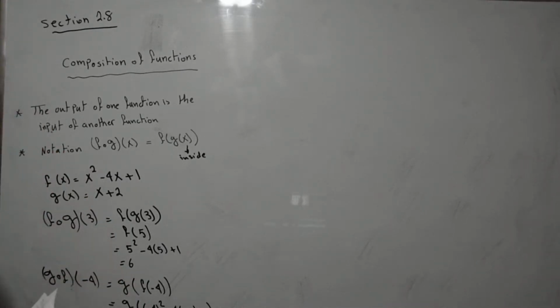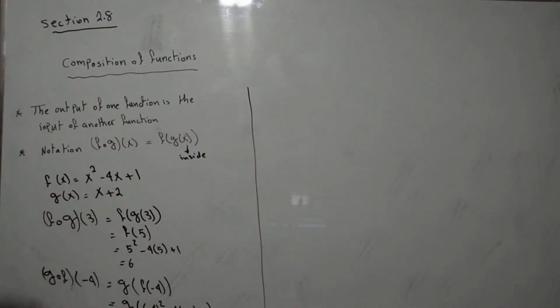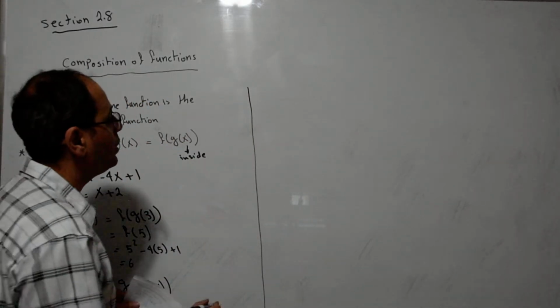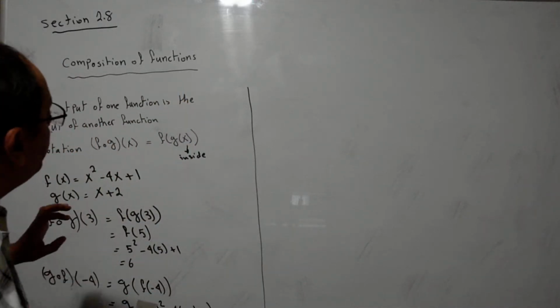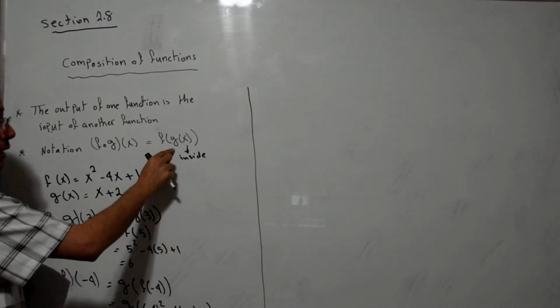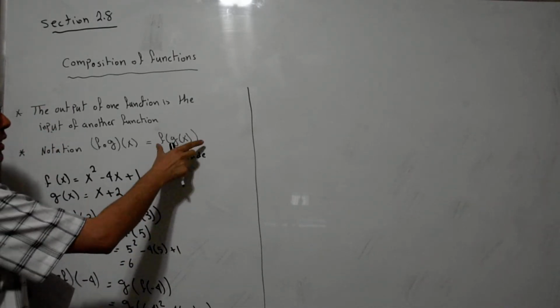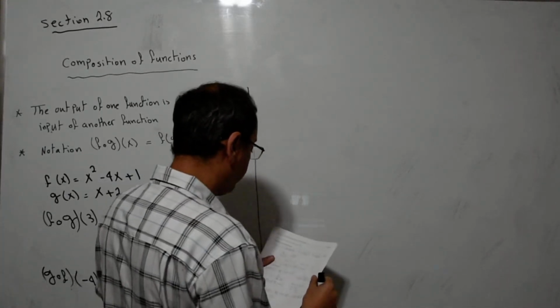Okay, now I'm going to move to another idea: how to compute the domain of a composed function. In order to compute the domain, you have to figure out the domain of the inner function. So I have to find the domain of g of x first, and then find the domain of the composed function. Let's see that.